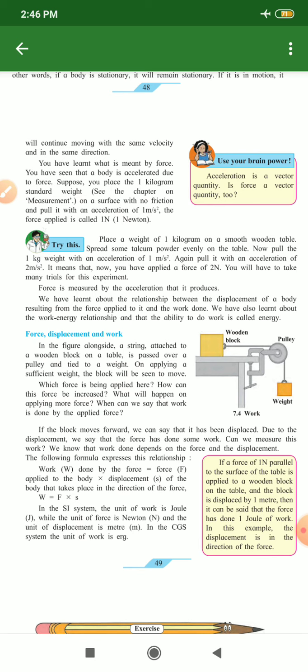If a force of 1 Newton parallel to the surface of the table is applied to a wooden block on the table and the block is displaced by 1 meter, then it can be said that the force has done 1 joule of work. In this example, the displacement is in the direction of force. So I hope you all have understood this chapter.